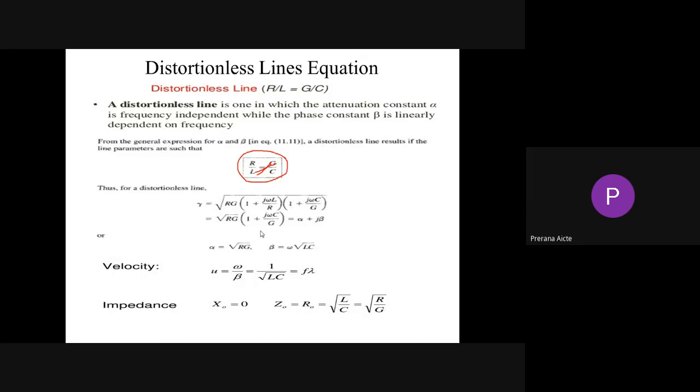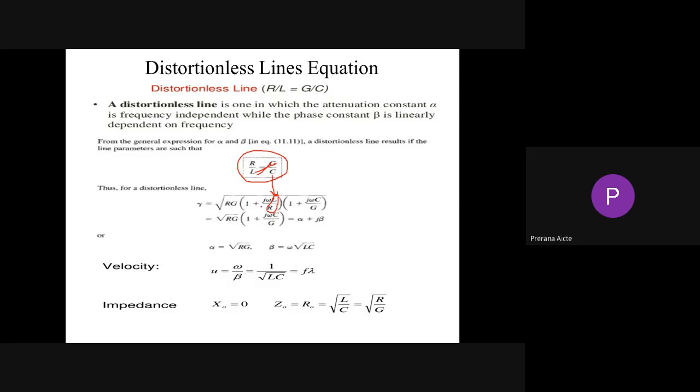Now what will happen? Square root of RG into 1 plus j omega. So from R by L is equal to G by C, L by R is equal to C by G.